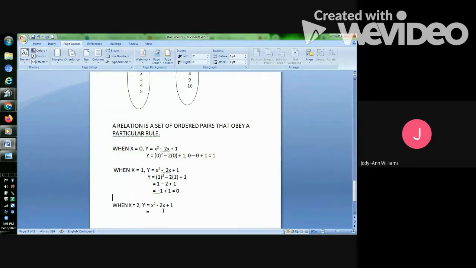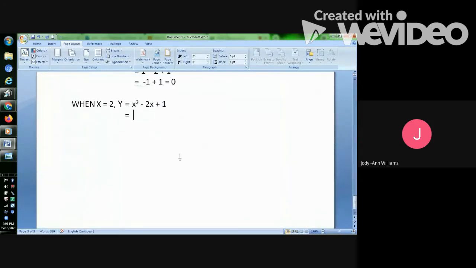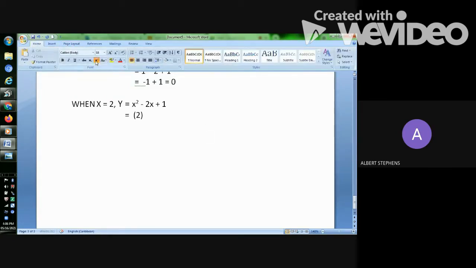So it says y is equal to 2 times 2 minus 2 times 2, plus... Hold on, sorry. So it's basically 2 squared. So you need to set it out properly, and you probably would have.